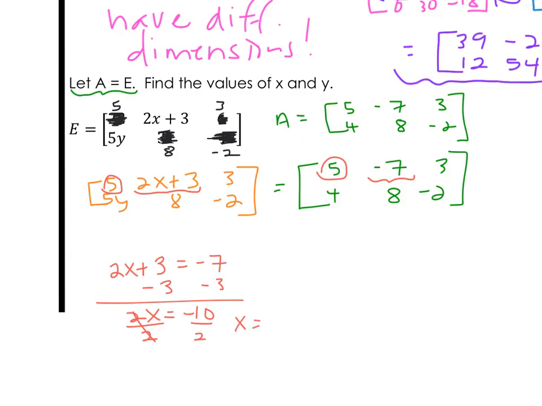Just kind of incorporating a little bit of algebra within these matrices. From there, I have row 1, column 3, row 1, column 3, already a match. Now, in row 2, I have 5y in row 2, column 1, and 4. Again, by definition, those two elements have to equal each other. If 5y is equal to 4, to get y by itself, we would just divide.